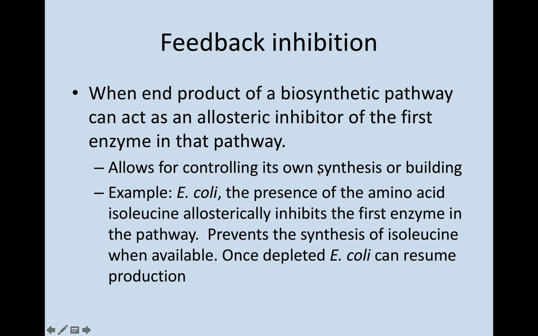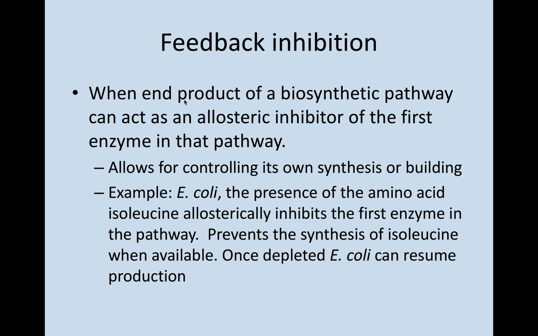So cells apply these allosteric enzymes in what's referred to as feedback inhibition. So what happens is the end product of a pathway can act as an allosteric inhibitor of the first enzyme in the pathway. So the end product shuts down the pathway. This allows the cell to control the synthesis or building of certain amino acids.